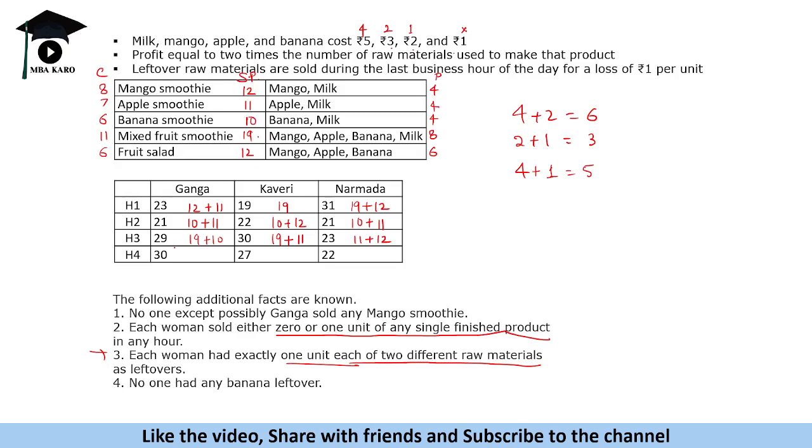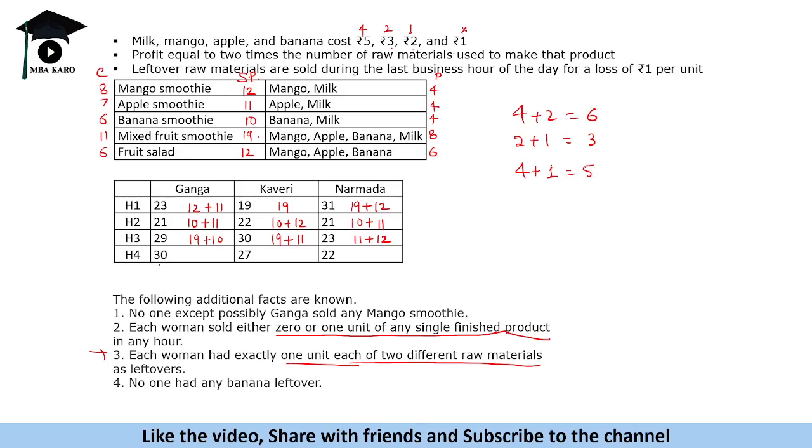Now from 30, if we subtract 3, we will get 27. Can we make a sum of 27 from the remaining two products? So they will sell two normal products plus two leftover. We cannot make 27 from this. If we subtract 5, we will get 25. 25 again cannot be produced as the sum of any of these two numbers.